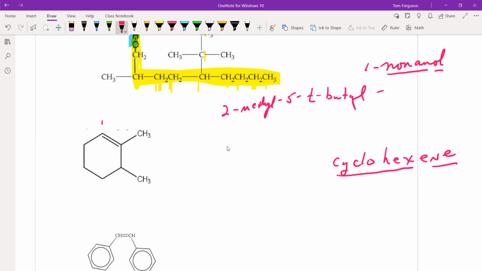Okay, well, if we start numbering here, that'll give us the smallest number of methyl branches. If we start here, the numbers are going to be quite large. So this is the way that will give us the smallest numbers. Okay, so that's 2,3-dimethyl cyclohexene.